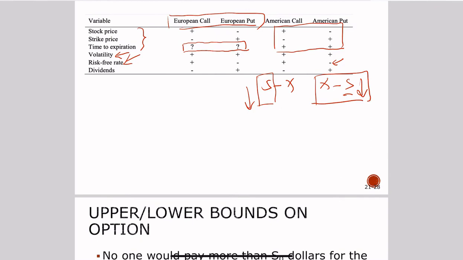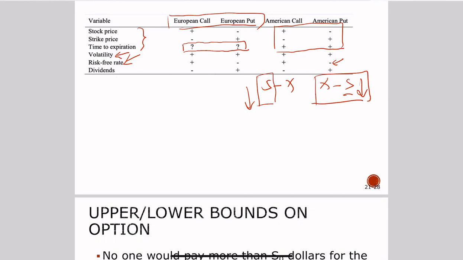For a European call and put, if there is a longer time to expiration, then the volatility over the longer time horizon will be larger. So European call and put can be more valuable. However, there is this offsetting factor. That is, if you have a longer time to expiration, the present value of your payoff will be lower, right?